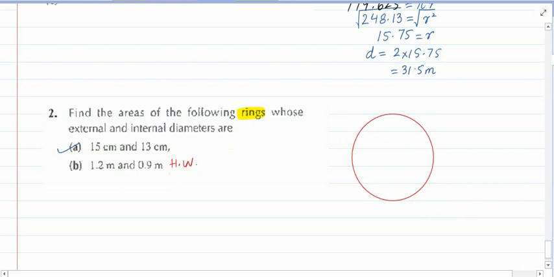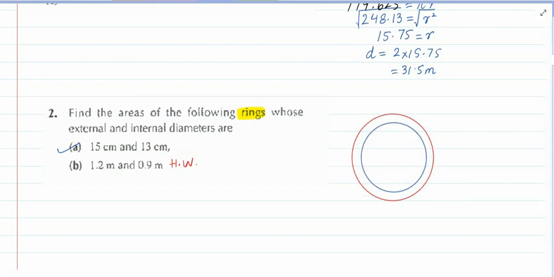That is 15, and we have an internal diameter like this, right? So this shape is our ring, and this part is basically the hollow part, right? So that is how your ring looks like.